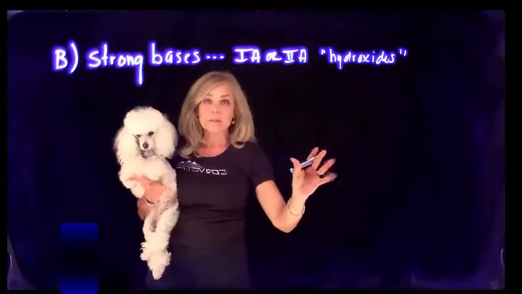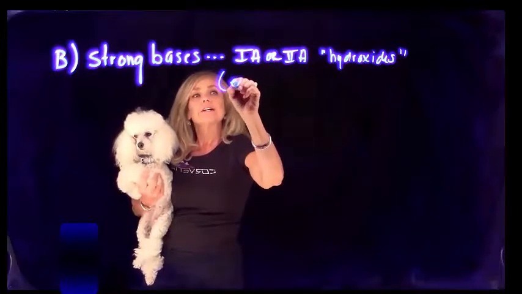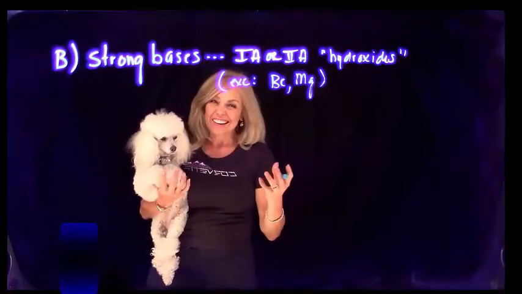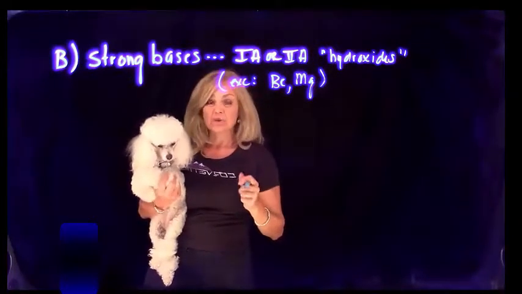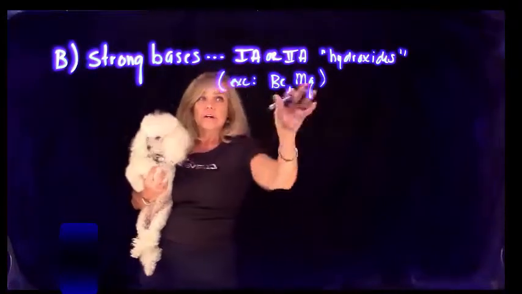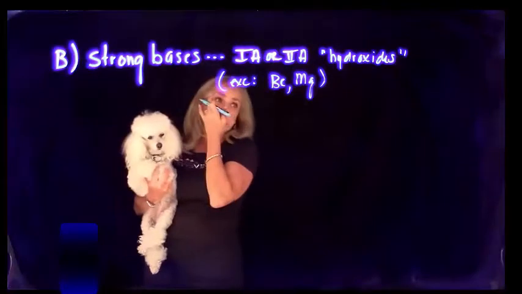Okay, we always have to have some exceptions. The exception is beryllium and magnesium. Those are small divalent cations. They hold on a little too strongly to let the hydroxide ion go. So those are going to be weak hydroxides, weak bases.